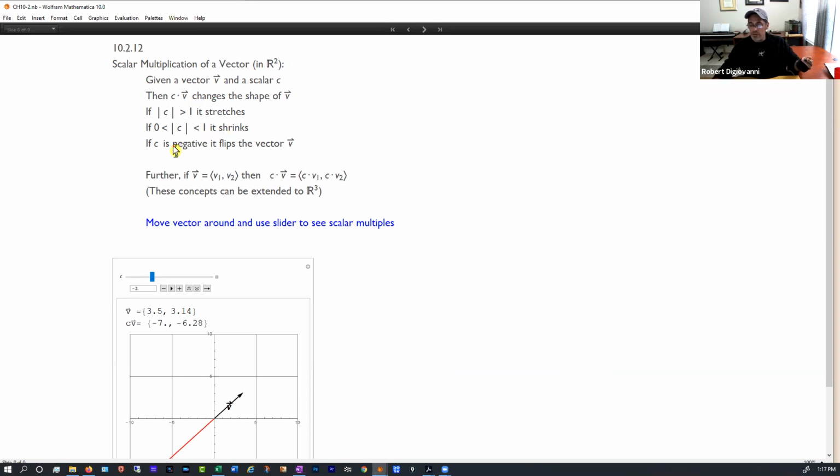Now, the good news is that when we do the actual multiplication, it's easy to do. So I'm going to give you a specific example. Let's say the vector v is <2, -3>. If I wanted to know what -2v was, this is scalar multiplication. I'm taking a number and multiplying it times v.